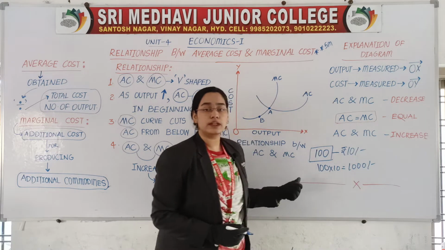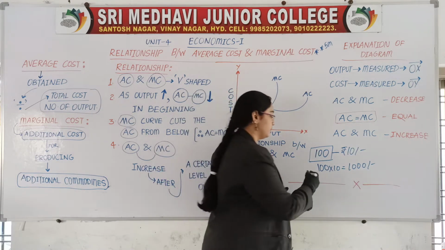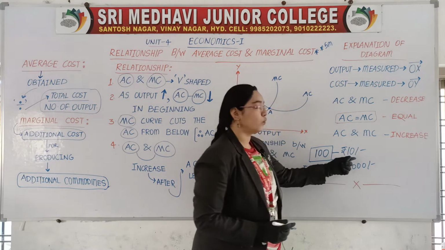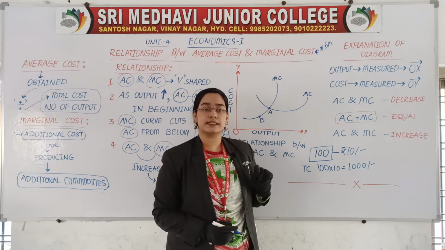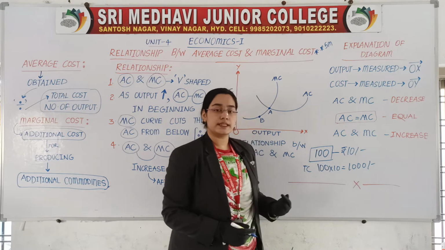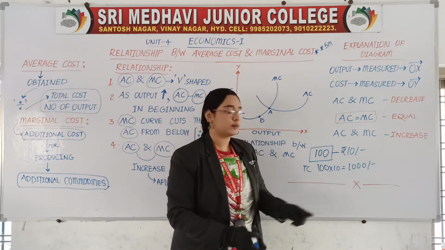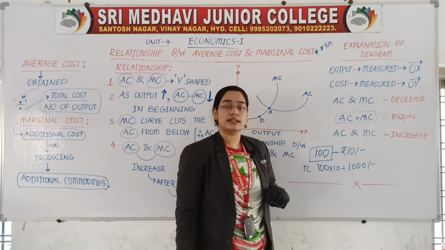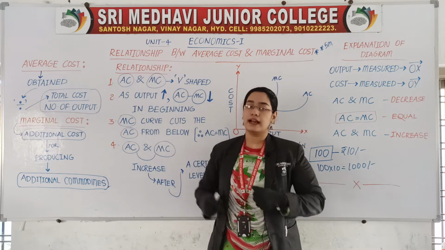This is my total cost. Cost of one chocolate is 10 rupees, then cost of 100 chocolates is 1000 rupees. So total cost is how much? Rupees 1000.